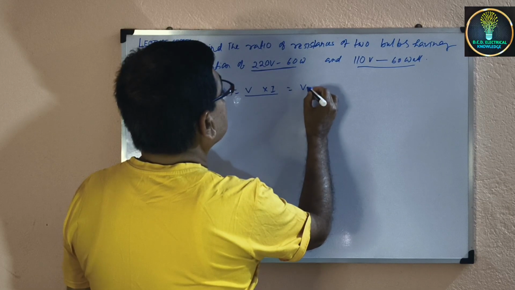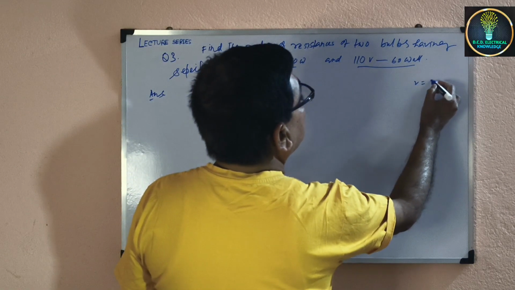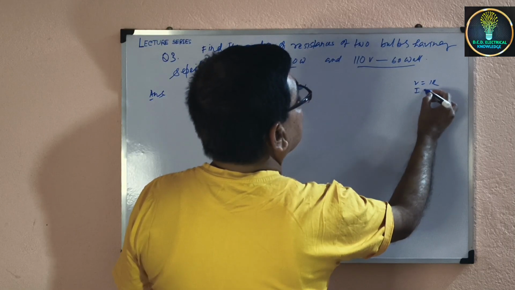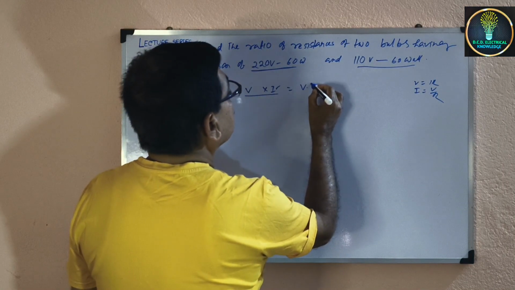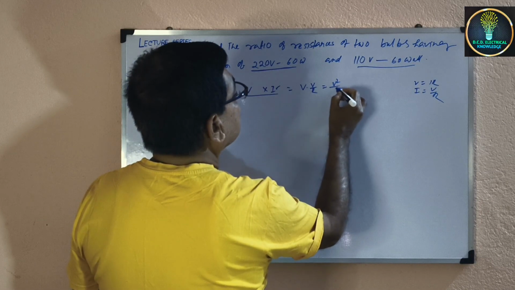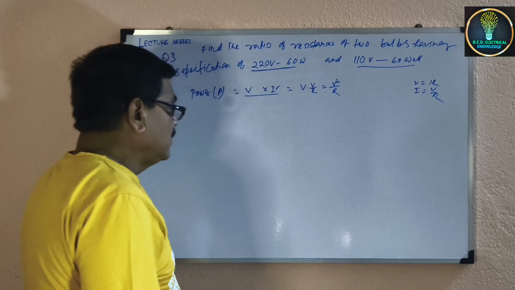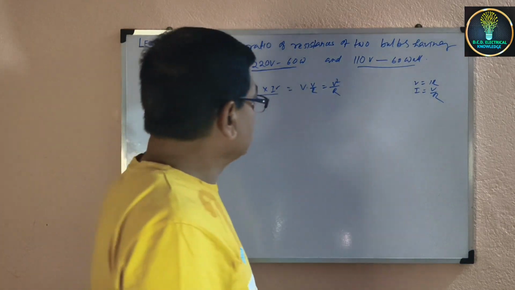V is equal to IR, I is equal to V by R. So we can write P is equal to V into V by R, and then it comes to V square by R. Clear? This is clear to all.